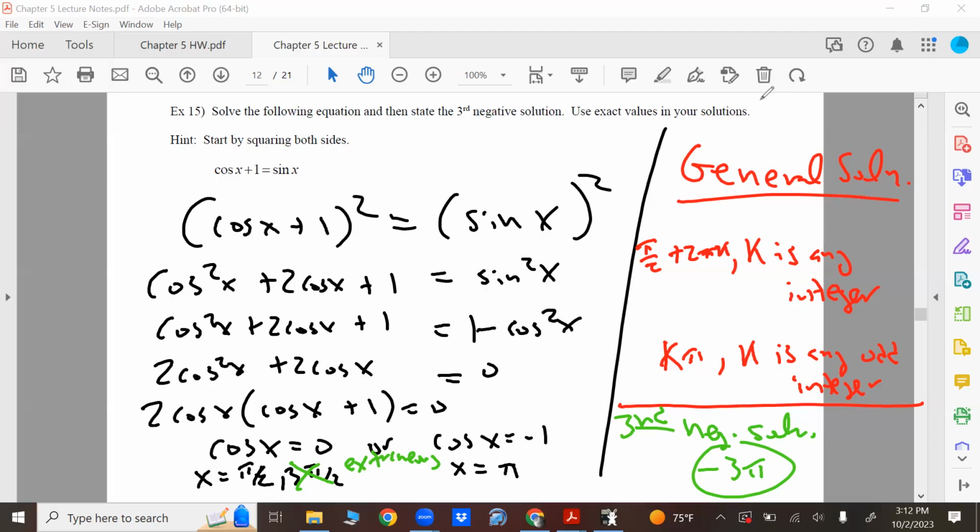Because we squared both sides, that's why. That's not what happens when squared. Okay, go ahead, sorry. You have questions? Yeah, you have to. I'll remind you guys to do that. Oh, because that's minus 2 pi. Because you have to go 2 pi backwards.